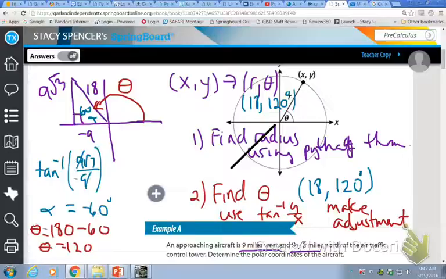If we had our terminal side in quadrant 3, our theta would go from here to here, right? So how would we adjust? If we drew in our reference triangle right here, this would be our reference angle. How would we figure out what theta was?